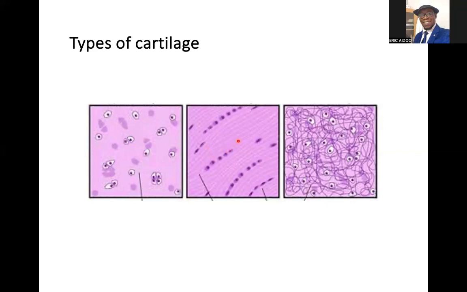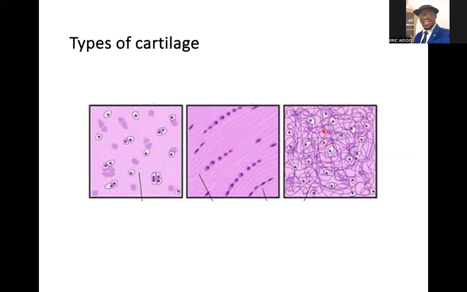Compared to this one, where you have the cells studded on top of each other in a parallel format, with some fibers also running parallel and continuous. So that is what we find here.